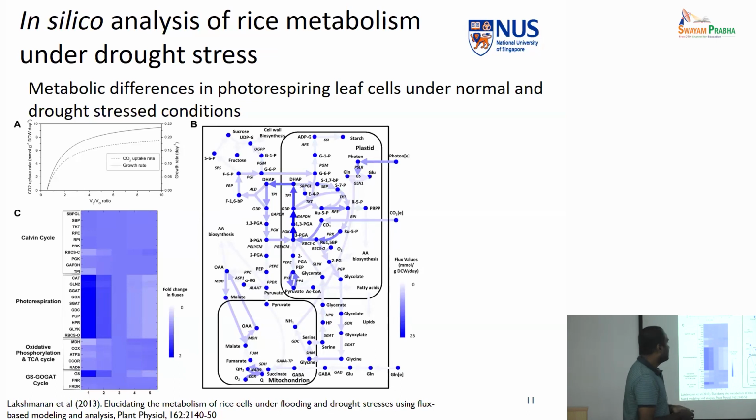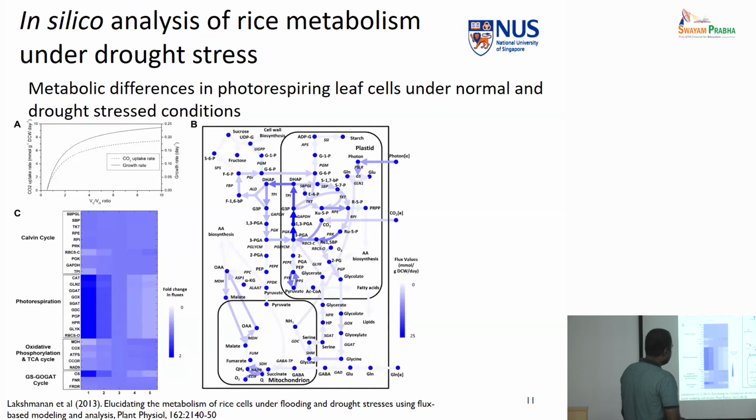When there is an increase in stress, the ratio becomes much higher, like the amount of oxygen being utilized becomes very high. In that sense, the carbon dioxide fixation levels drop down, and you see a steep decline in the performance of the plants. So we simulated different ratios.